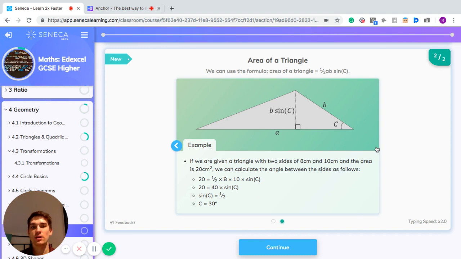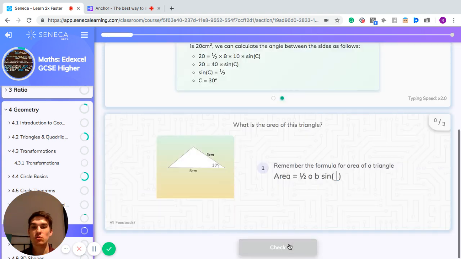We can use the formula for the area of a triangle equals half AB sine C to tell us that 20, the area of the triangle, is equal to half of 8 times 10 times sine C. If we work that around a bit, we end up with sine C equals a half, and if we do sine minus 1 of a half, that will give us 30. So the angle C in this example is 30 degrees.